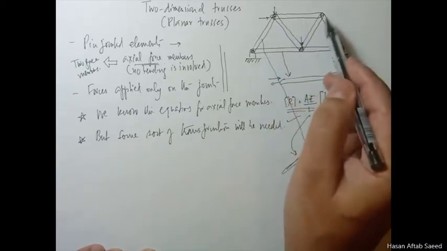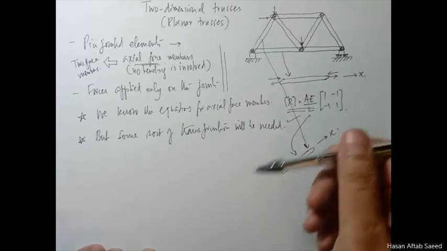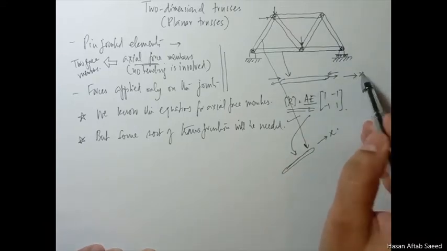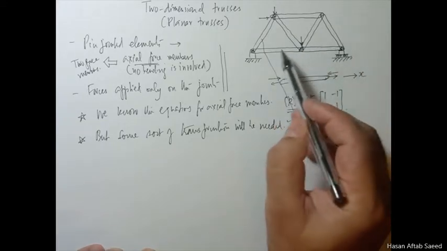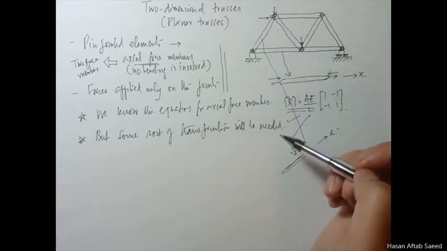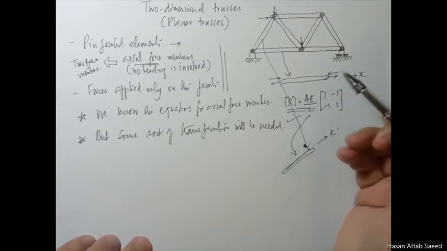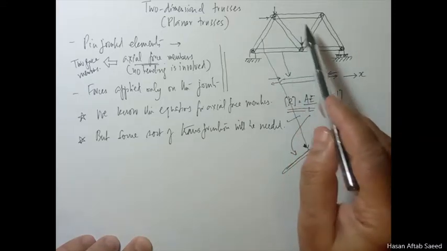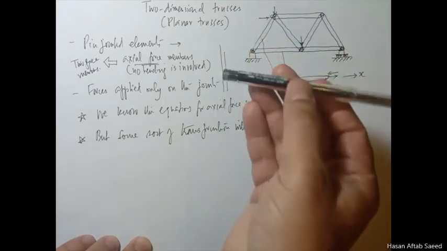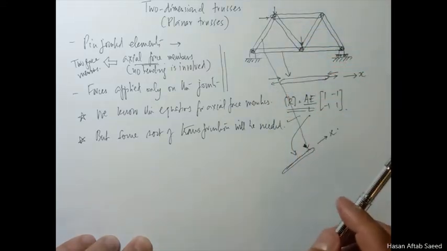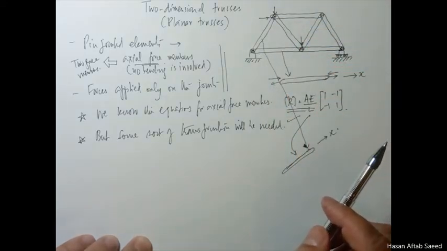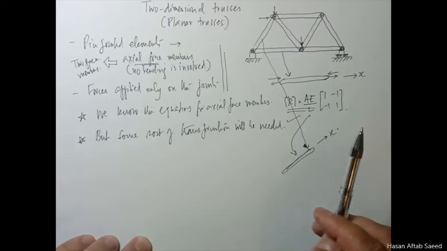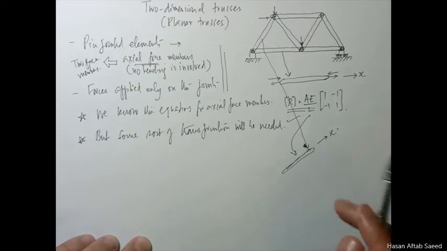So for all elements individually, this expression is valid as long as you align your x-axis, your main axis, with the axis of the element. Now, if you derive the stiffness matrices for all these by changing the x-axis for each member, how are you going to assemble them together? There will be no way you can assemble different systems together, different systems which have different orientations, different coordinate systems.